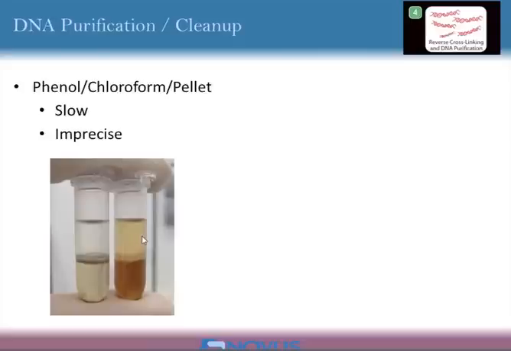It's fairly imprecise because when you are looking at your aqueous versus interphase versus organic phase down here, and you're trying to take off the entire top aqueous phase here, it's hard to get the entire phase out, either without leaving some or without accidentally picking up this interphase layer down here.